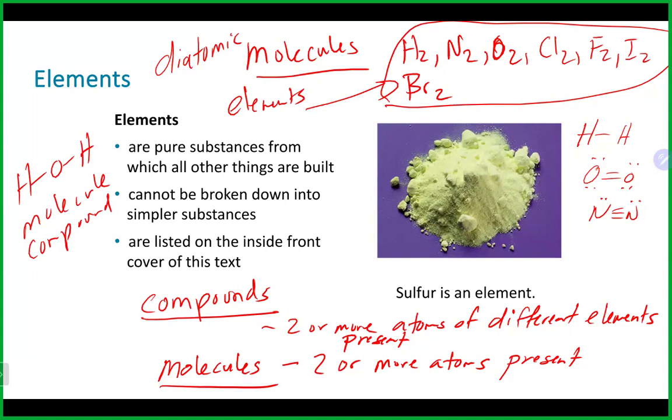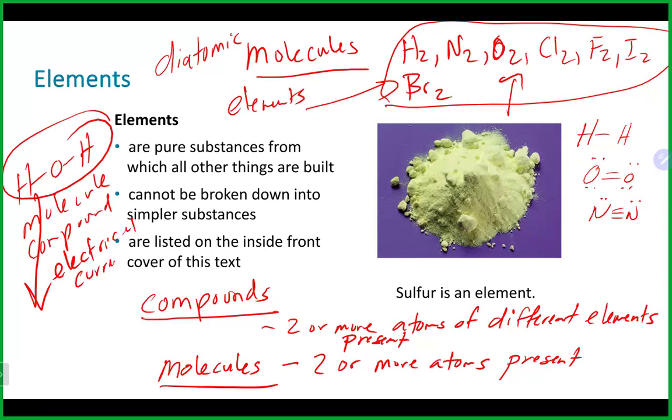Speaking of what we were just talking about, with elements, as far as you can go, you can't break them down any further. But you can very easily take water, run an electrical current through it, and do a little electrolysis of water, and you can break it apart into hydrogen gas and oxygen gas, but that is, again, as far as you could go.